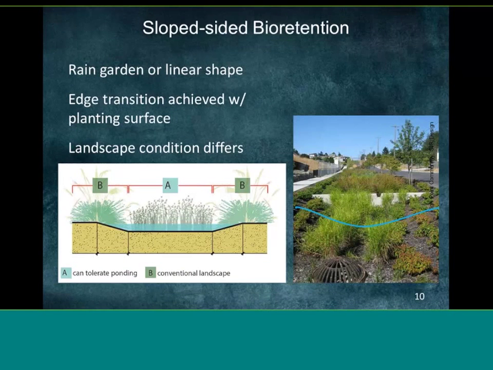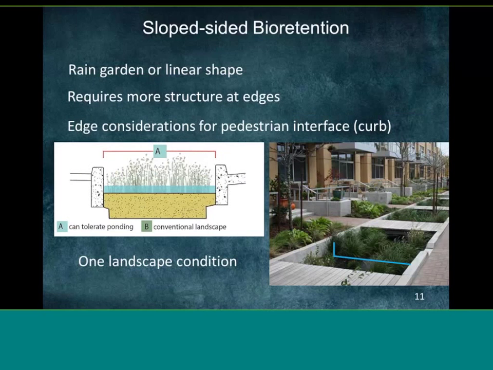What this means is that the edge transition between the ponding area and whatever condition is on the edge, whether that be a road or a sidewalk, is made up with the slope of the landscape. As a result, it needs to be wider. It means that it doesn't have to have quite as much infrastructure on the edges. It also means that the landscape condition is changing. You have one area that's ponding and one area that's dry on the side slopes.